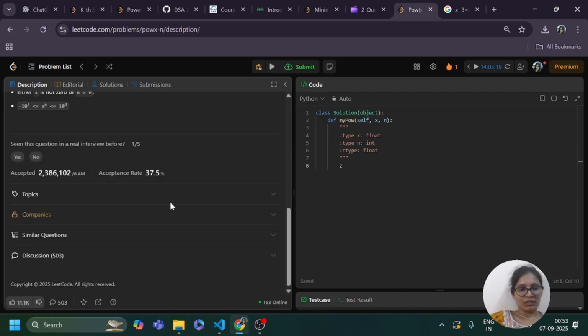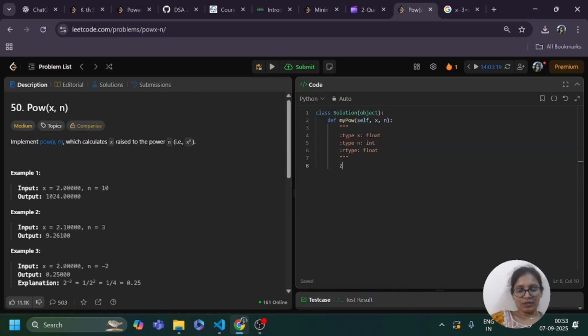Okay, so here I'm going to solve this problem. If n equals 0, then we need to return 1.